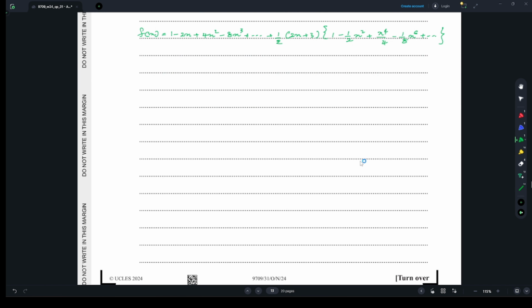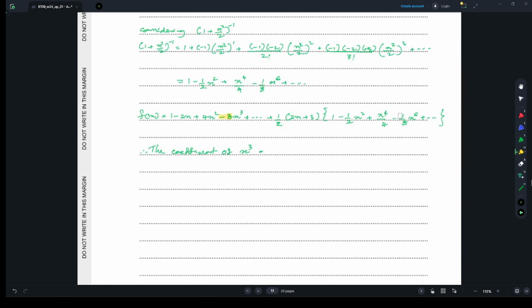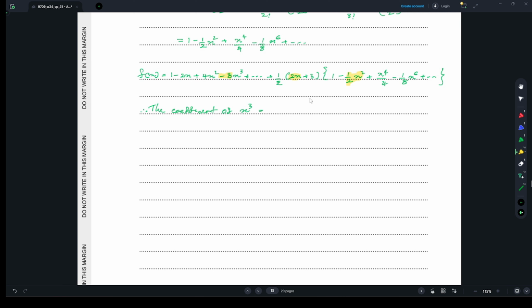Okay, therefore we can now find the coefficient of x cubed. In the first part we have minus 8 right here. From these terms we don't have any, because x to the power 4, x to the power 6, so only the cube we will receive by multiplying this one and this term, right, with half in front of it.